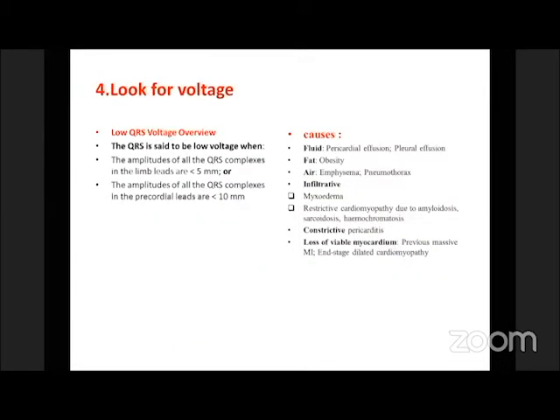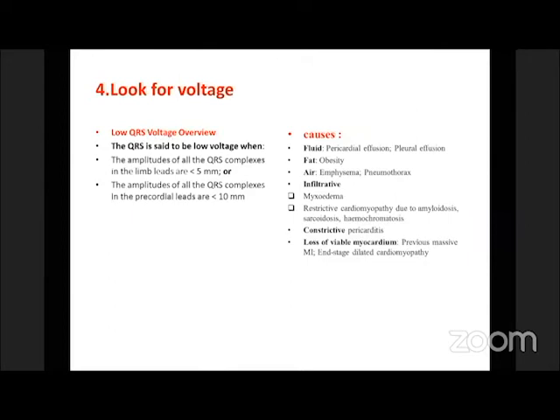Another morphological criterion is looking at the voltage of the QRS. We have low voltage QRS, defined as when the amplitude of all the QRS complexes in the limb leads is less than 5 millimeters, or the amplitude of the QRS complex in the precordial leads is less than 10 millimeters.